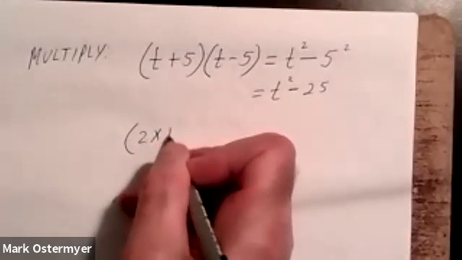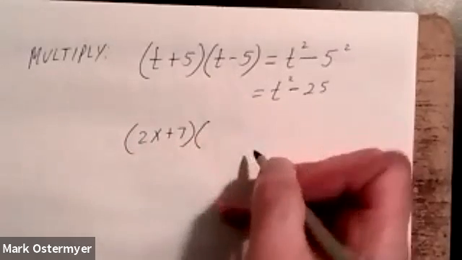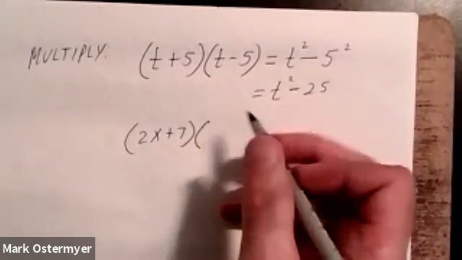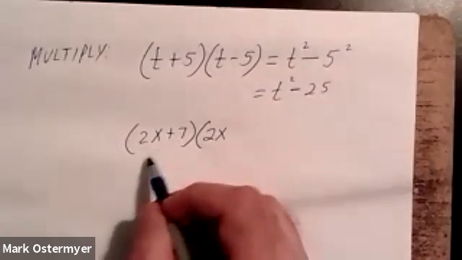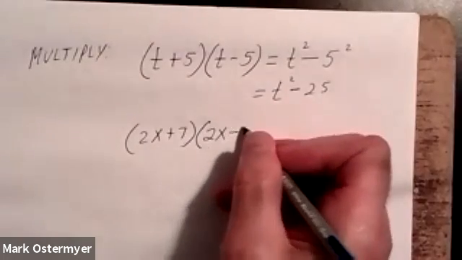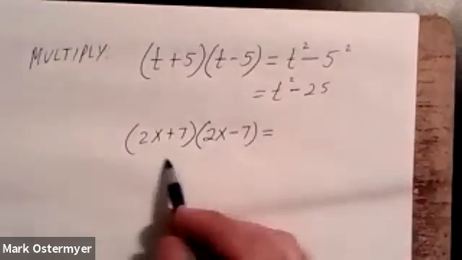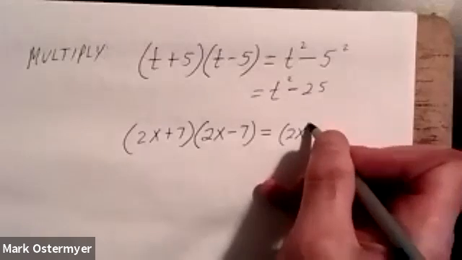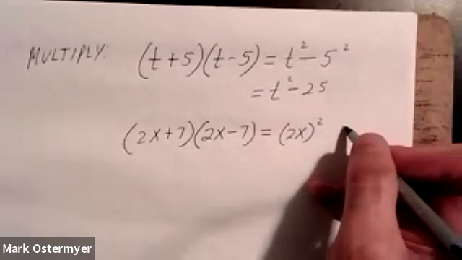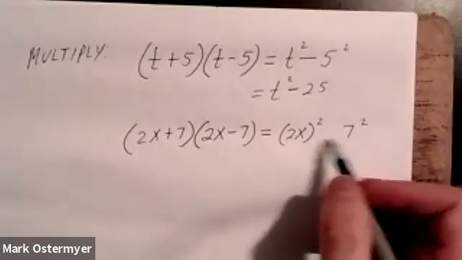Right? 2x plus 7. I'm going to take this 2x plus 7 and multiply it by 2x minus 7. Are these conjugates? Yes. That means I can multiply these together using the shortcut: square the first term, square the last term, and place a minus sign between them.